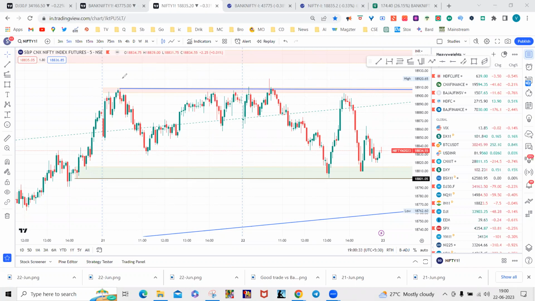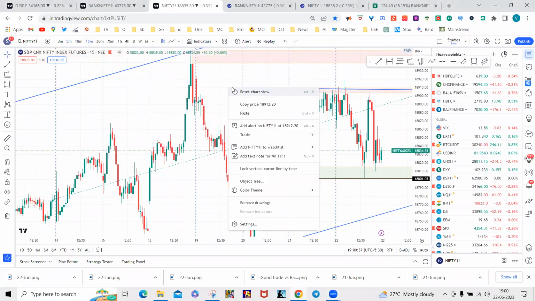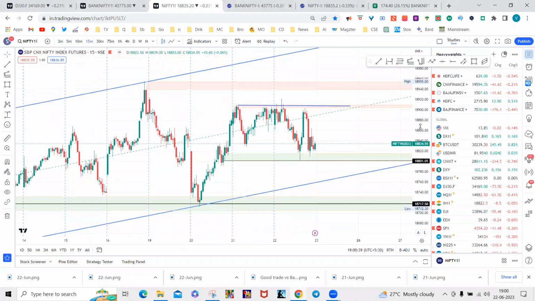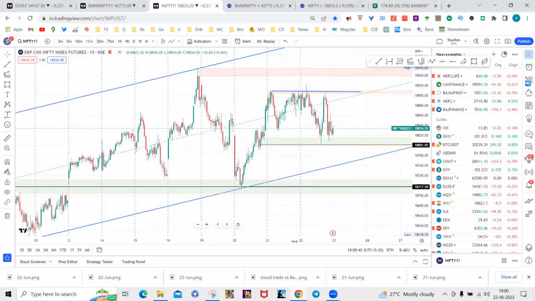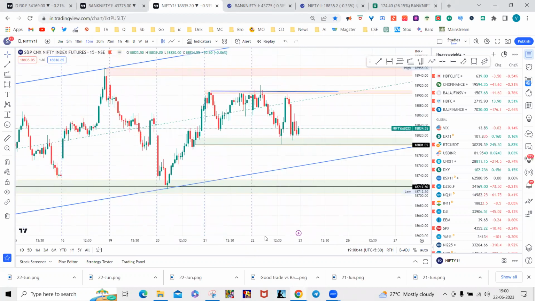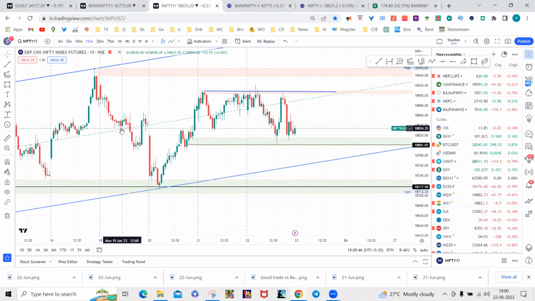Now coming to the chart per se, let me just take it to the 15-minute time frame. So what is happening here is that after making the change of structure, like I discussed yesterday, this was a downward trending structure.